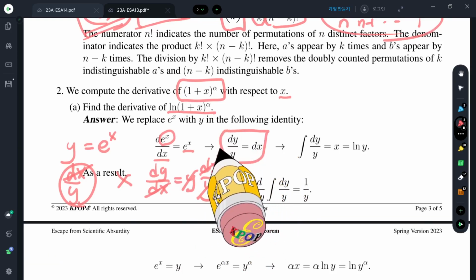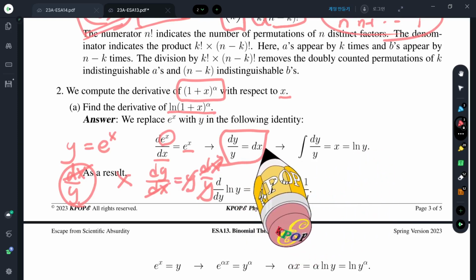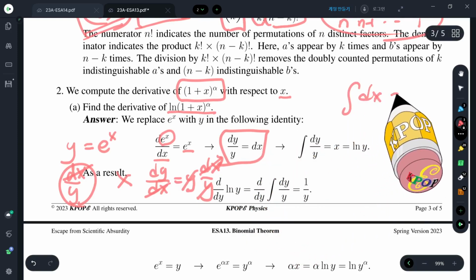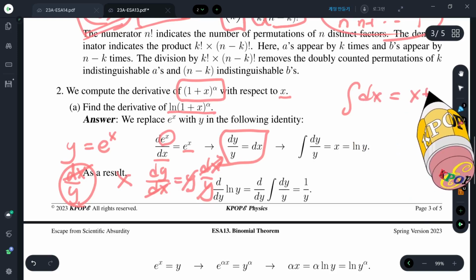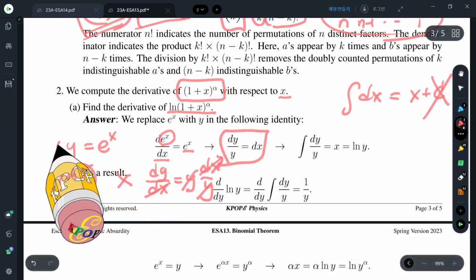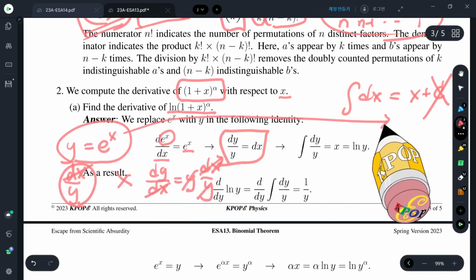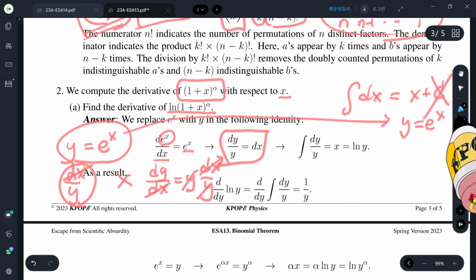If I attach integral notation, this is a trivial integral. I have neglected the integration constant that is arbitrary. Now we return to the replacement y equals e to the x.